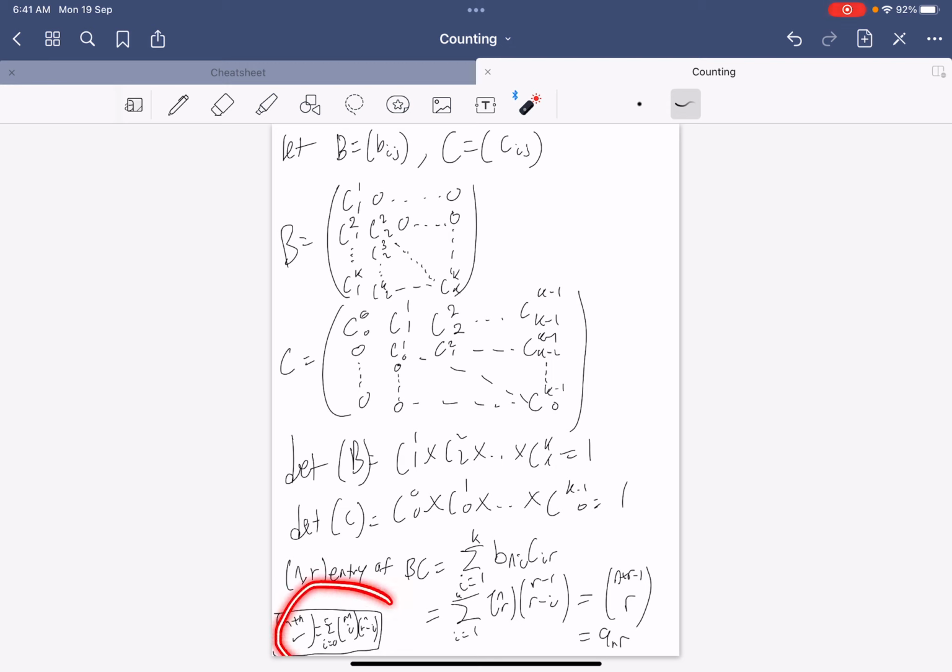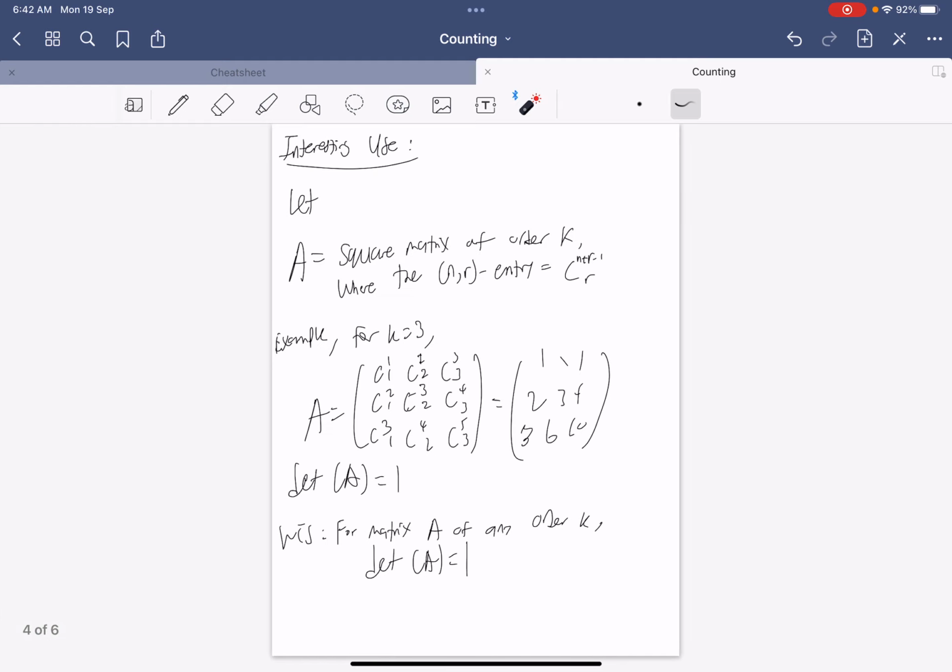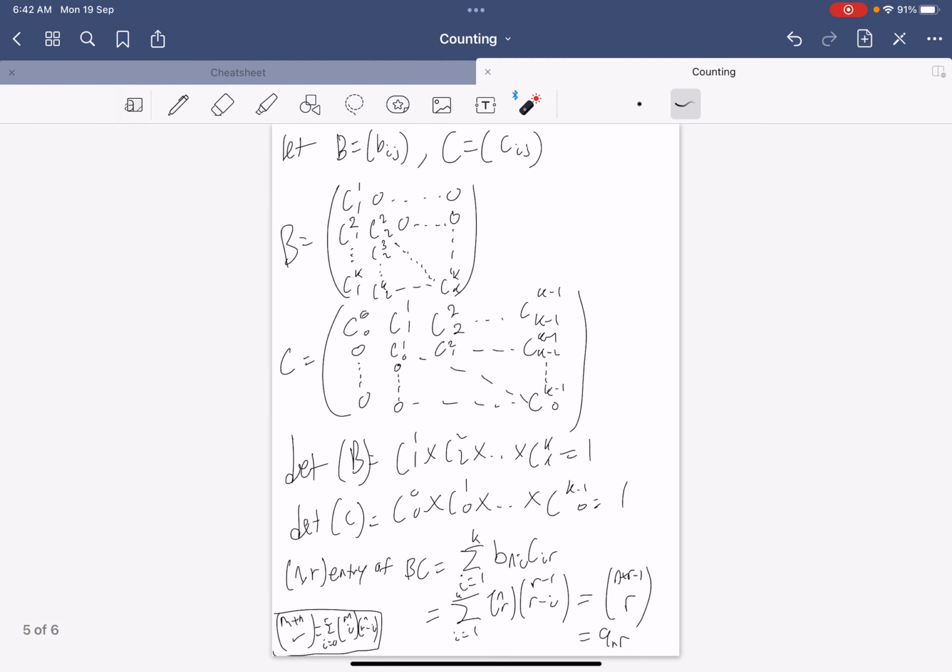By Vandermonde's identity, you see how this type of expression, with a summation and two products of binomial coefficients, allows us to simplify it. And so it simplifies to the case where m is n and n is r minus 1. And so it's just n plus r minus 1 choose r, which is exactly what our property states. And so B times C is the same as A.